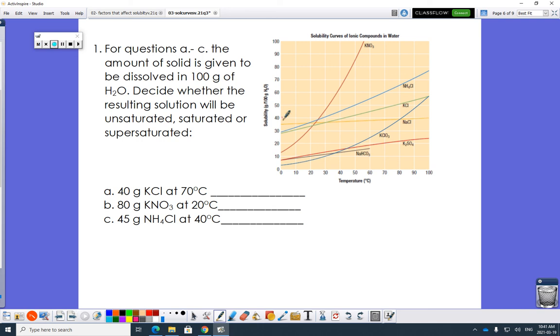So I'm going to go across and find where they meet, 70 degrees Celsius, 40 grams. That's this point here.